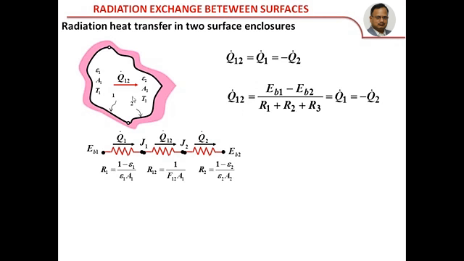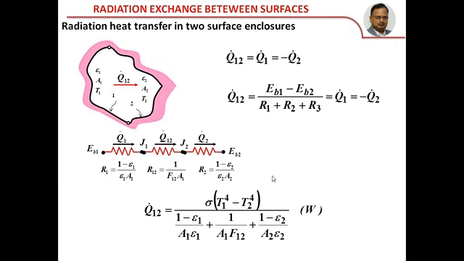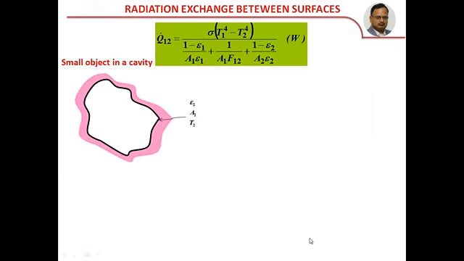Now I can say Q12 is equal to (Eb1 minus Eb2) by R total, R1 plus R2 plus R3: (1 minus e1) by A1 e1 plus 1 by A1 F12 plus (1 minus e2) by A2 e2. So this is the general formula for radiation heat exchange between any two surfaces having emissivities and separated by a distance.